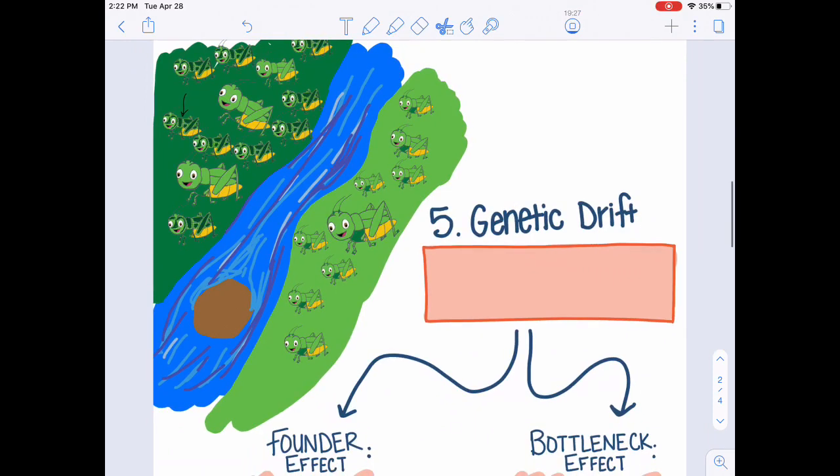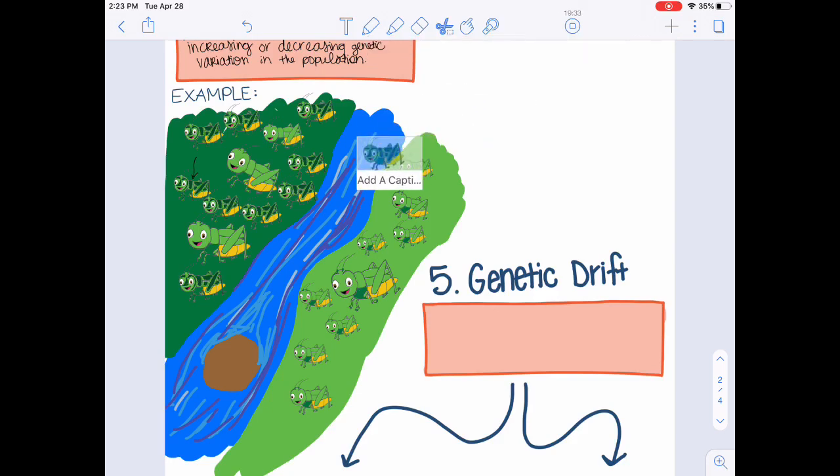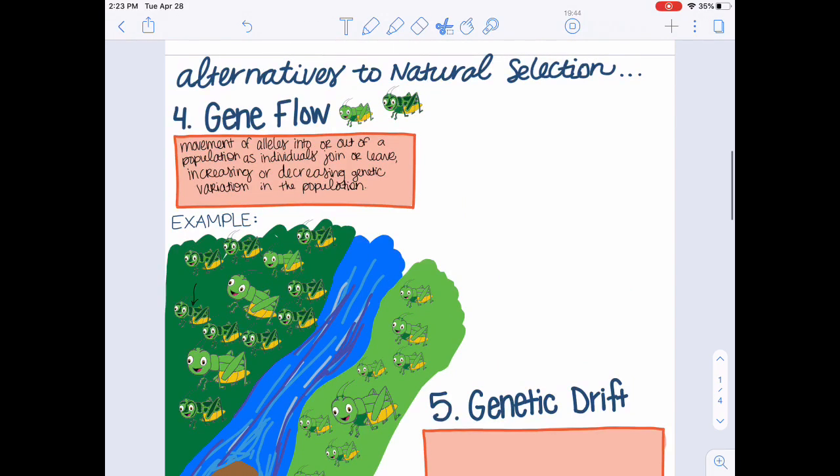But it's possible that we get a grasshopper that is able to jump all the way over.